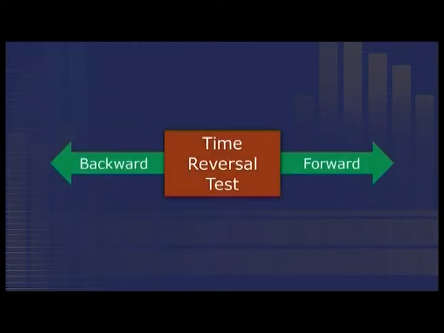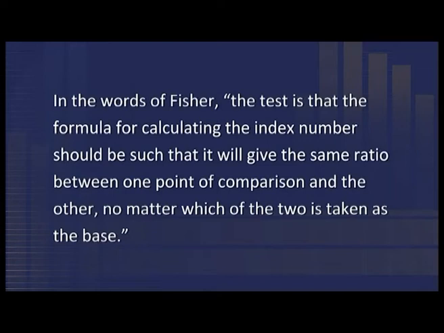Time reversal test is a test to determine whether a given method will work both ways in time, forward and backward. In the words of Fisher, the test is that the formula for calculating the index number should be such that it will give the same ratio between one point of comparison and the other, no matter which of the two is taken as the base.